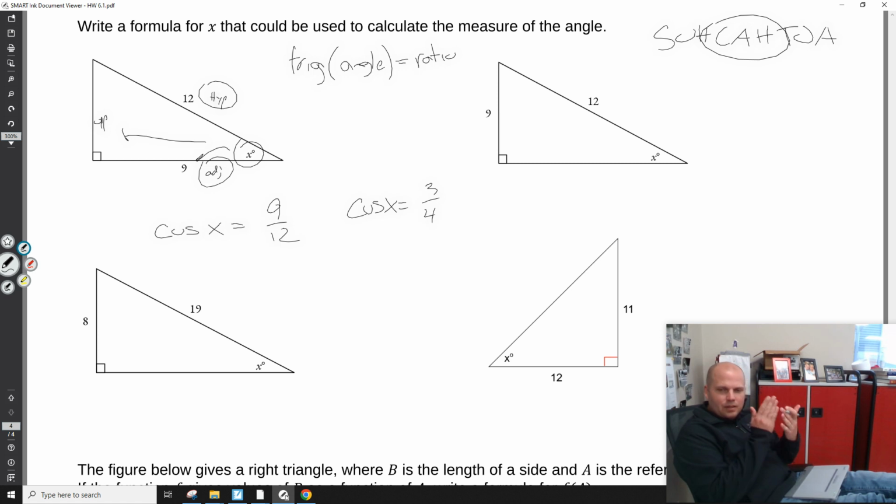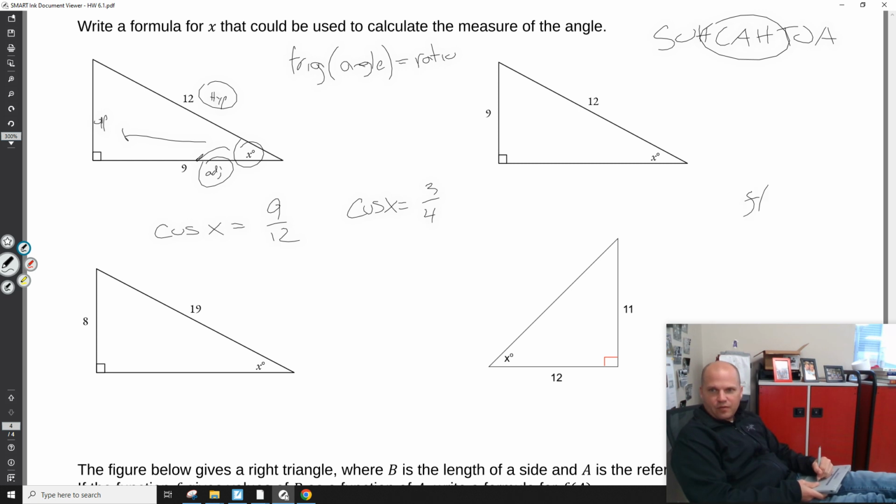Now, we remember inverses from the last unit before the break. Inverses undo, map back to one another. The inverse for e to the x is the natural log of x. The inverse for exponential functions, log functions. The inverse for x squared, square root of x.